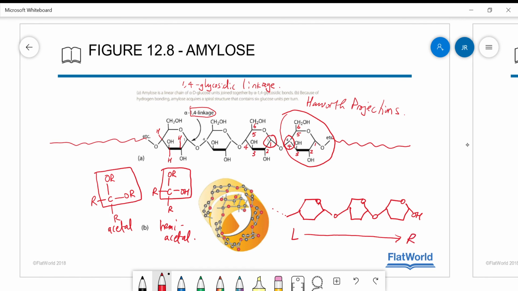Then the rightmost monosaccharide here contains the hemiacetal, because of its anomeric carbon here with its OC, OH. But all of these internal structures, in short, the ones that are not immediately on the right end, these are all acetals.